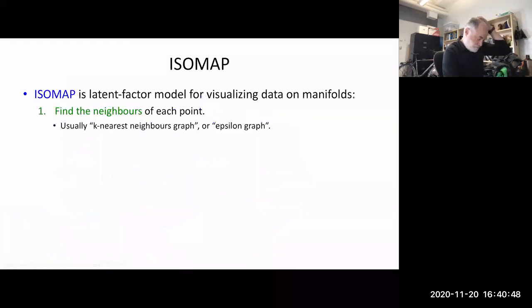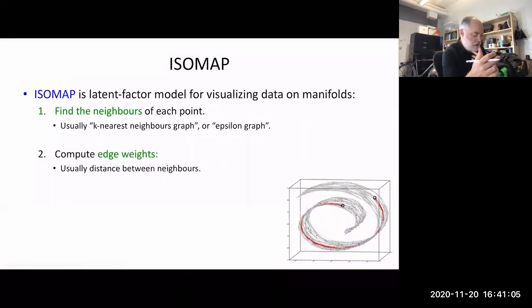Okay. So that's ISOMAP. Basically, it's a latent factor model for visualizing data on manifolds, or trying to find the intrinsic dimensions of a data manifold living in higher dimensional space. It works by finding the neighbors of each point using some sort of k nearest neighbors algorithm or an epsilon graph.